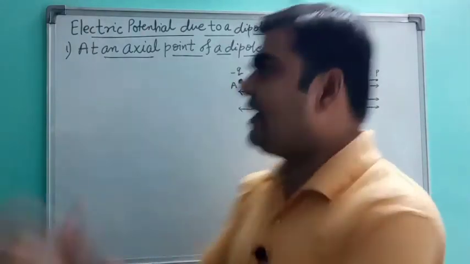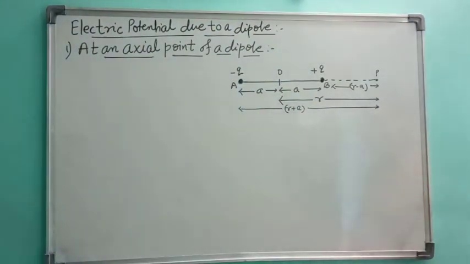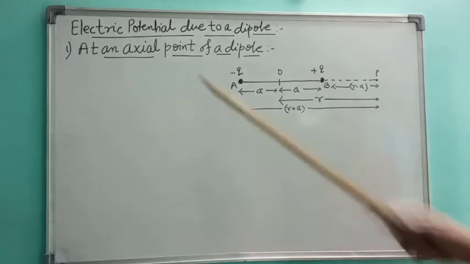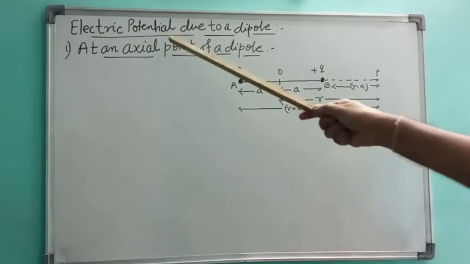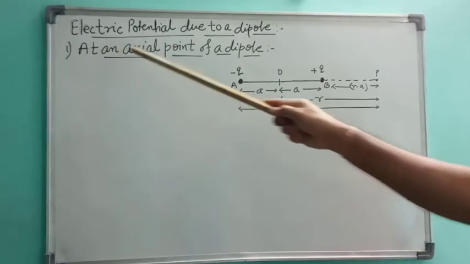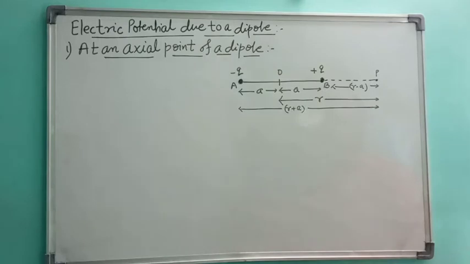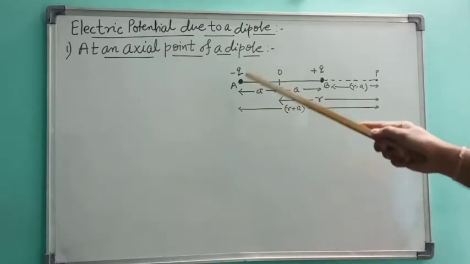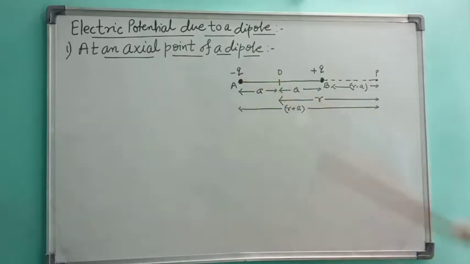Electrical potential due to a dipole. First point: at an axial point of a dipole. You can see this figure very clearly. Point A holds the minus q charge, point B holds the plus q charge, and O is the center point.